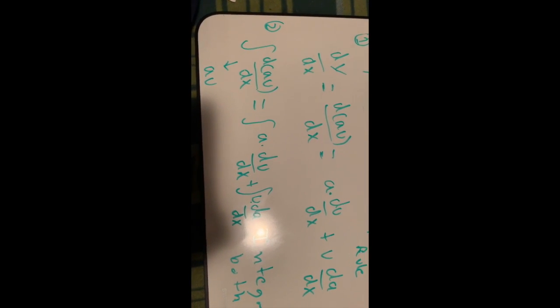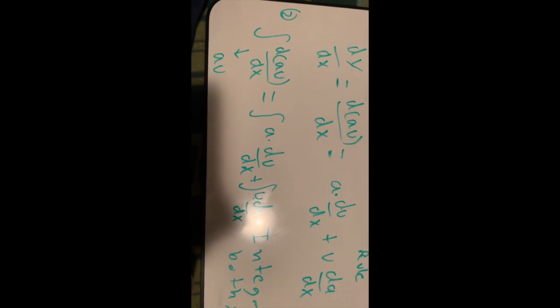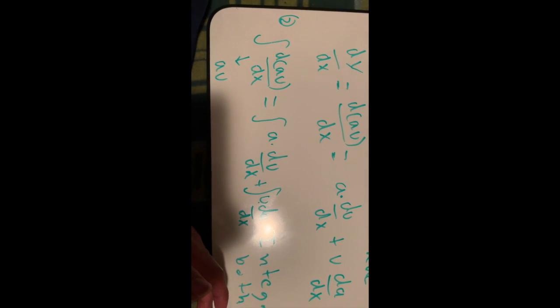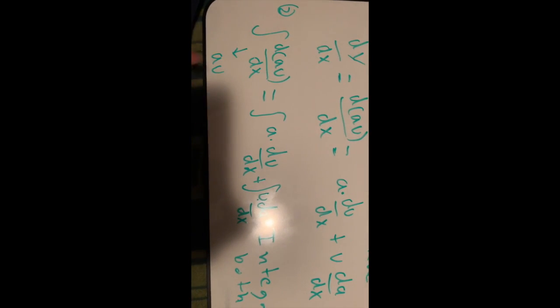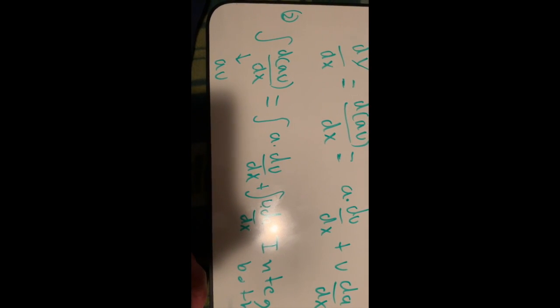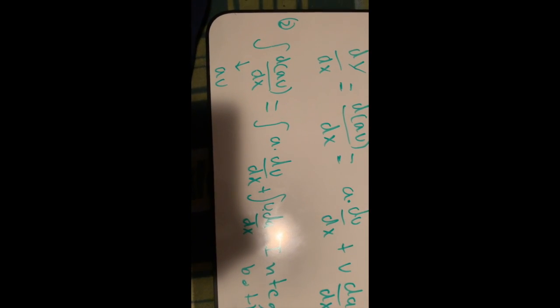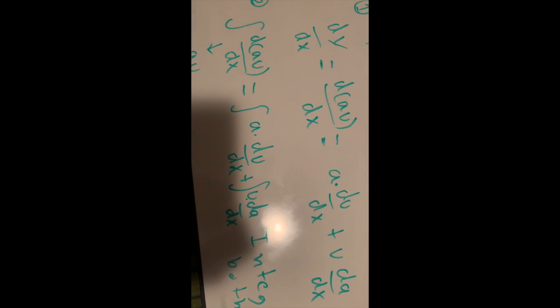And then in the second step, we take the integral of that, and when you take the integral of something that you just took the derivative of, you get the original equation. That's why you see the leftmost part simplifying to a u, and then that is equal to the integral of a times the derivative of u over dx, and then the integral of u times the derivative of a.